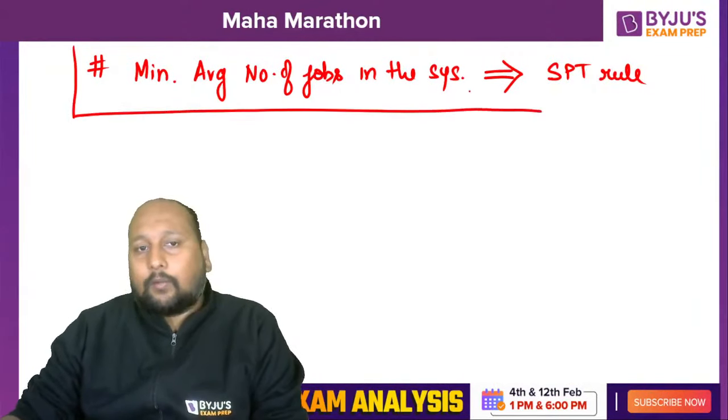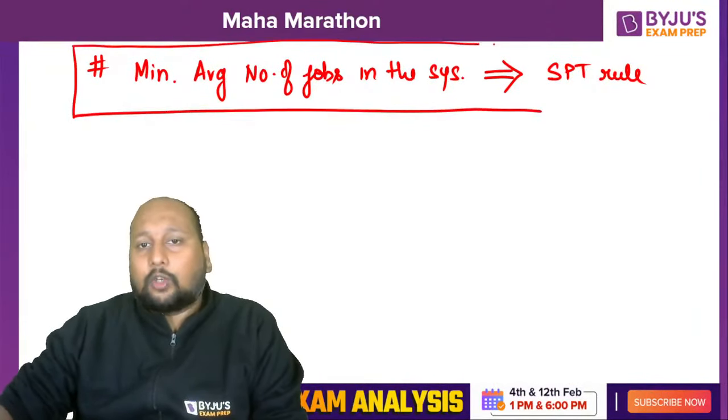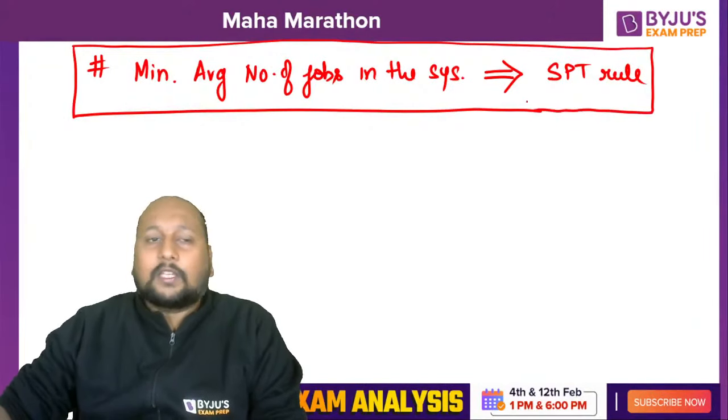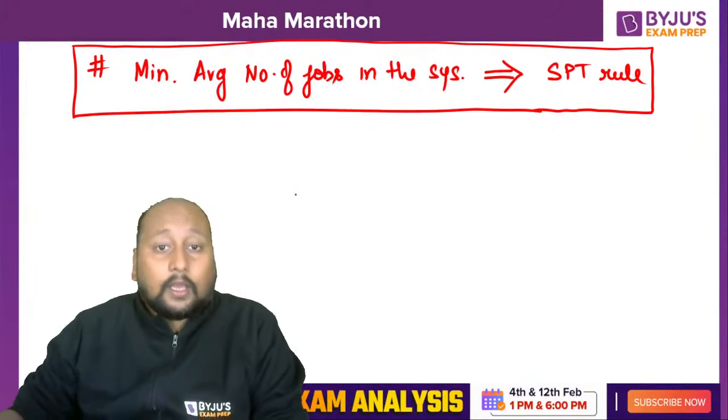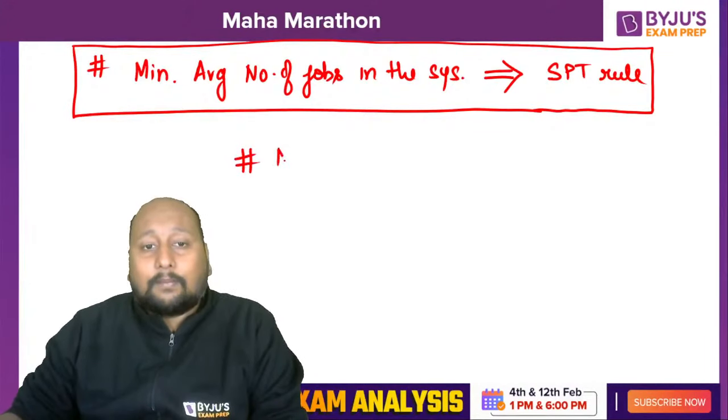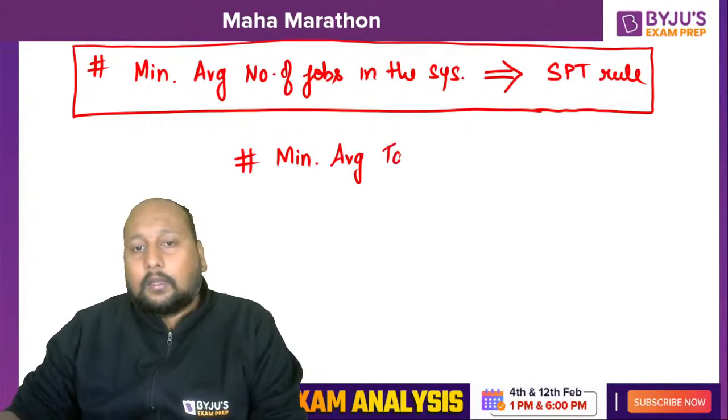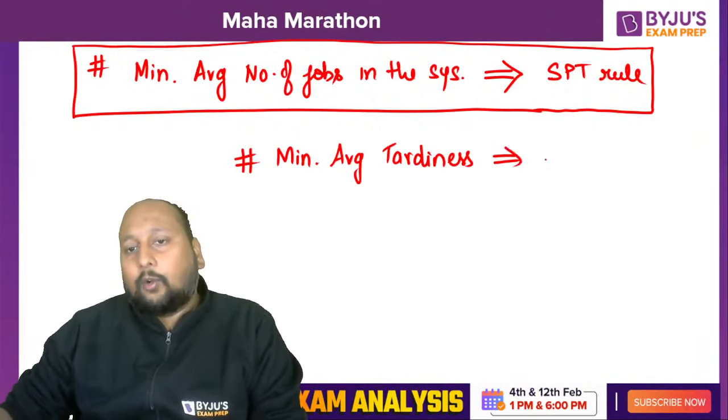Whenever we need to calculate the minimum average number of jobs in the system, we always prefer the SPT rule. And if I want to calculate the minimum average tardiness, we always try to prefer the EDD rule.